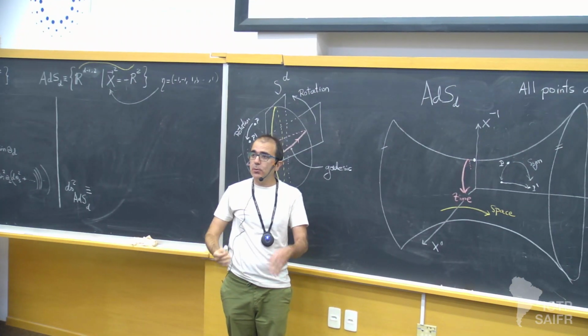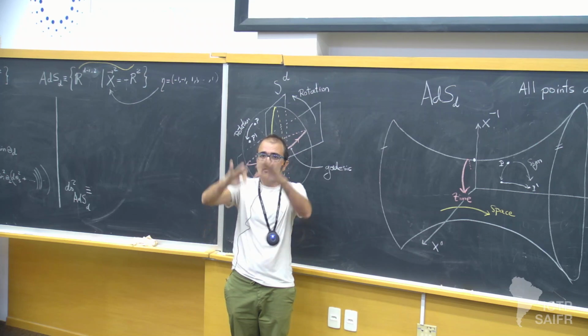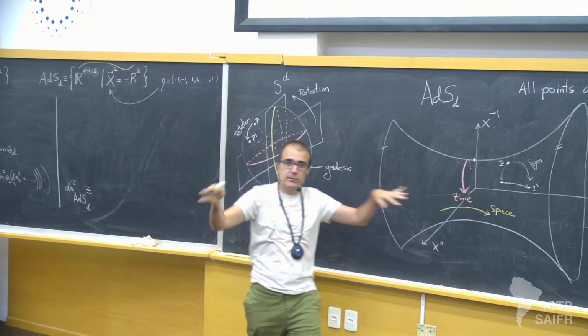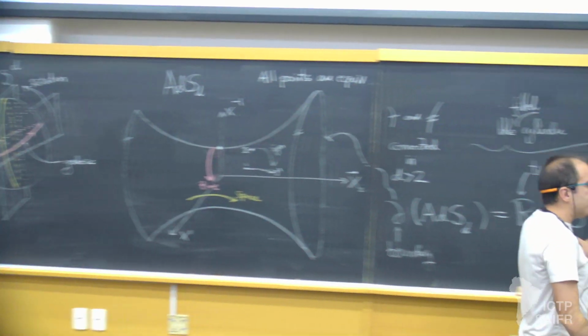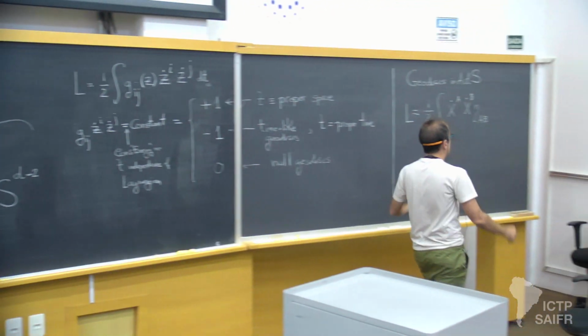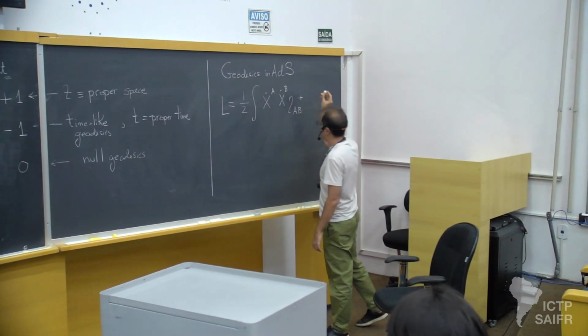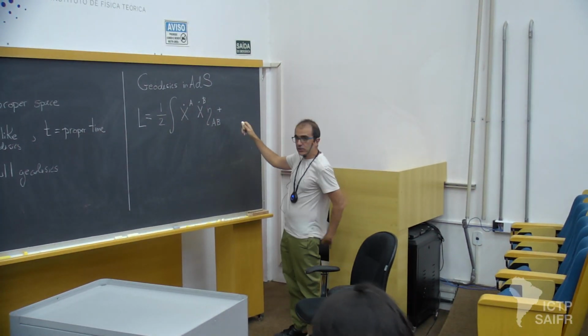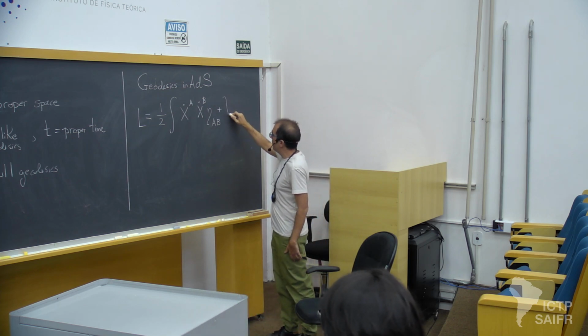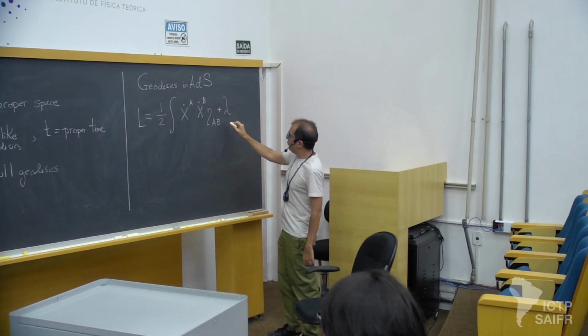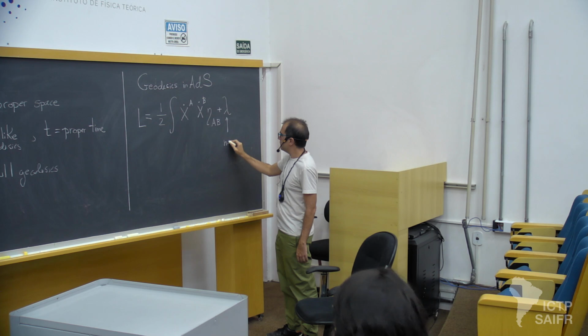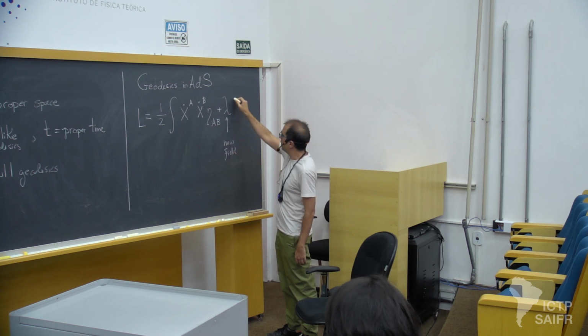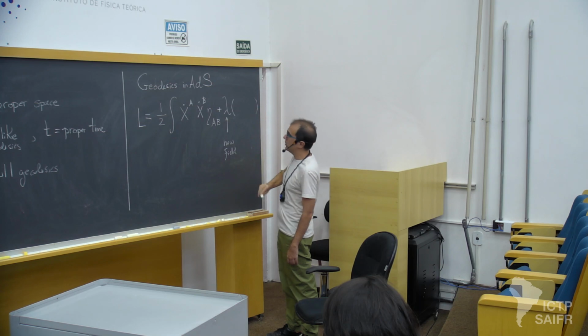So what I should do is put a constraint that says I cannot move anywhere, I must be on the hyperboloid. So I add an extra field that's not dynamical, like this einbein, whatever it's called, that we introduced last time. Let's call it lambda. It's a new field, so that the equations of motion for lambda just set whatever I'm going to write here to 0.